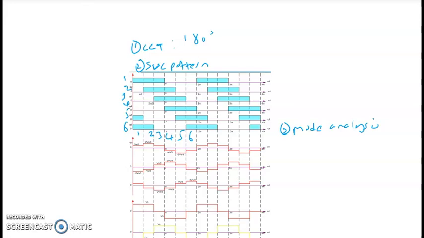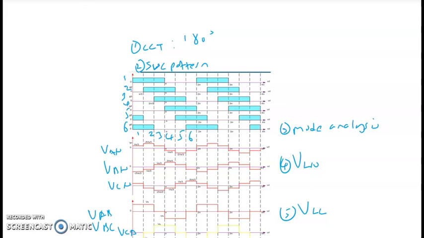Then we go for the line to neutral voltage: VAN, VBN, VCN. Then the line to line voltage: VAB, VBC, and VCA.